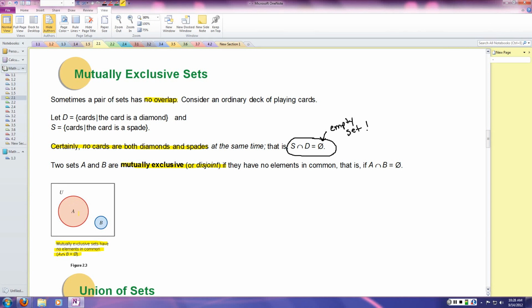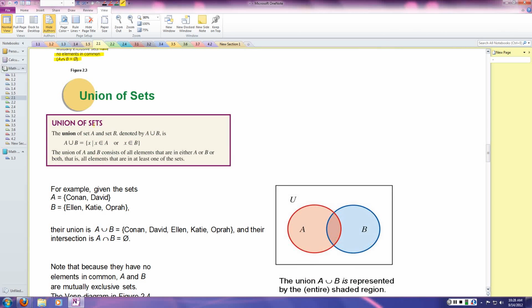All the elements in A are just in A, all the elements in B are just in B, and there's no overlapping. Then it brings us to the union of sets, and we can think about this as joining A and B with the word or. So you can see this or here.